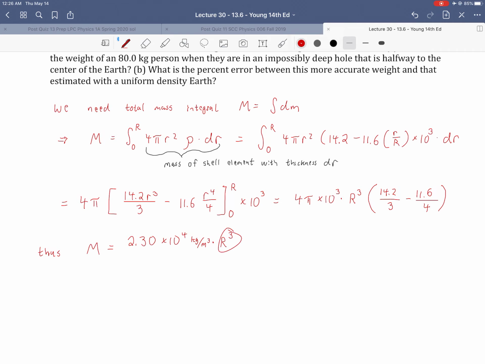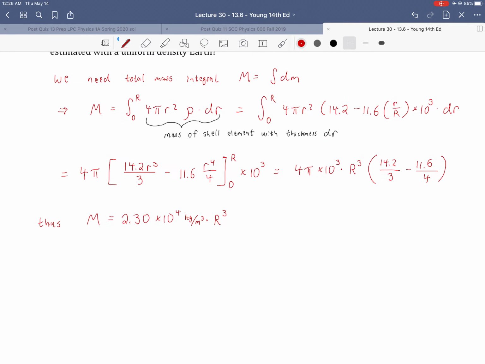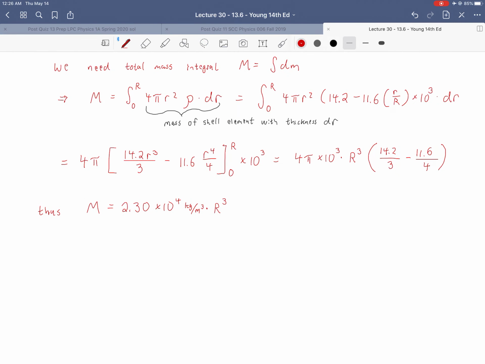Now, if we wanted the total mass of the Earth, all we'd simply do is put in the radius here of 6.37 times 10 to the 6 meters, and this would literally give us the mass of the Earth, okay? And that's the whole point. And again, these numbers are fairly accurate. That actually gives you a value that's pretty close to your published value of the Earth, okay? Now, what we're going to do with it, however, is put it to use to actually find the force, okay?